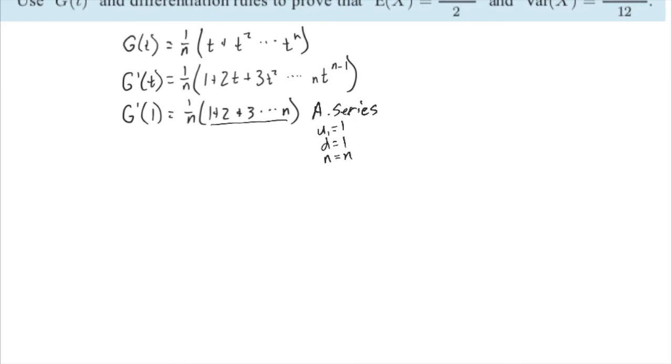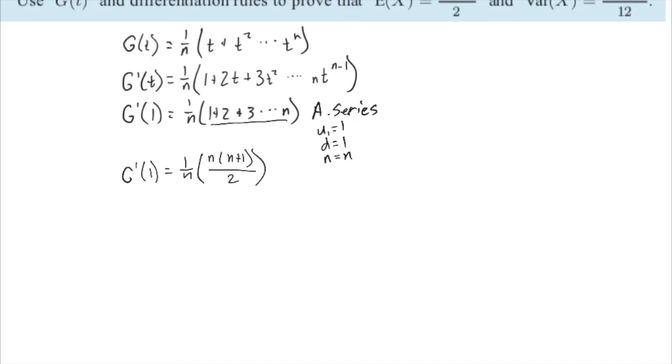So I'm going to solve that. That means g prime of 1 must be equal to 1 over n times the arithmetic series, n times n plus 1 over 2.